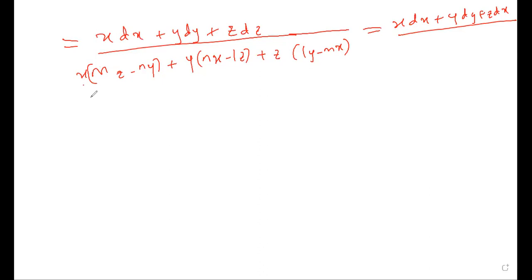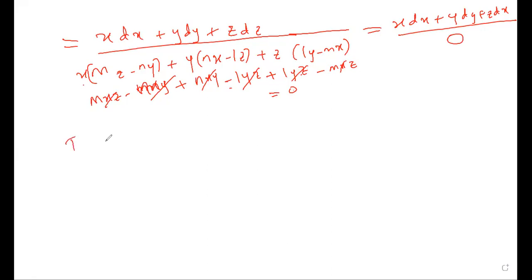See, this is mxz minus mxy, then nxy again, so this will cancel out; minus lyz, then this one lyz again, so minus plus, it will cancel out; and this one mxz. So that's why we choose x, y, z: to get the denominator equal to 0. Now we have 0.